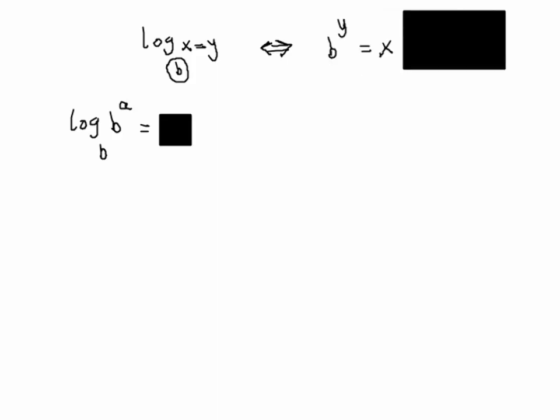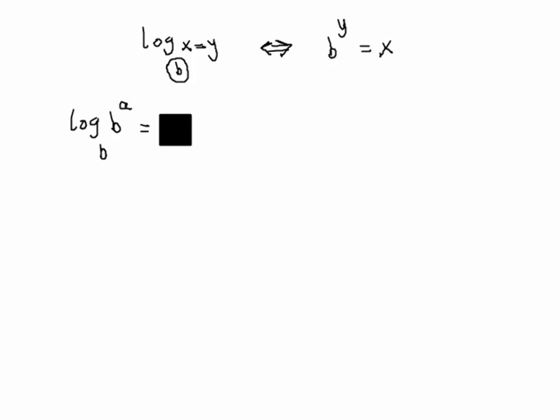You need to know this relationship for most problems that we work in this section involving logarithm. So the base of the logarithm to the power of y would be equal to x.